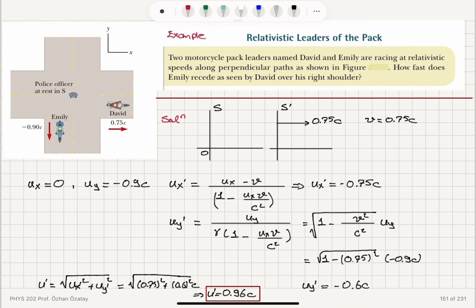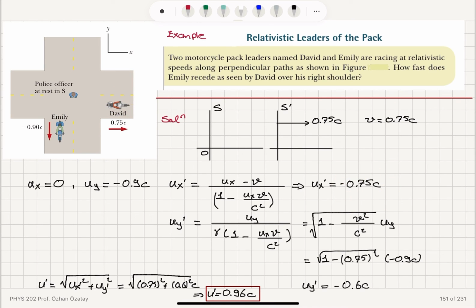And then we looked at another example where a police officer is watching David on a motorcycle moving at 0.75 c to the right, and David is observing Emily, so this gives us the S prime reference frame. Emily, with respect to the officer, is moving at minus 0.9 c in the minus j hat direction. So ux measured by the officer for Emily is 0, and uy is minus 0.9 c. Then in our Lorentz transformation, ux minus v, where ux is 0, we obtain minus v, which is minus 0.75 c.